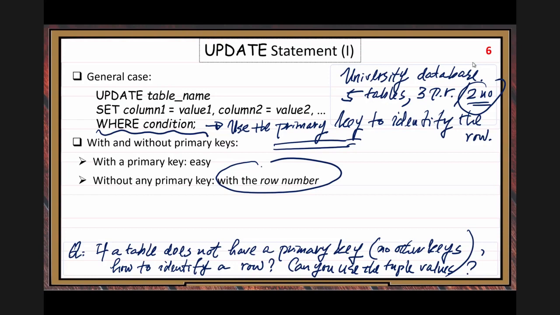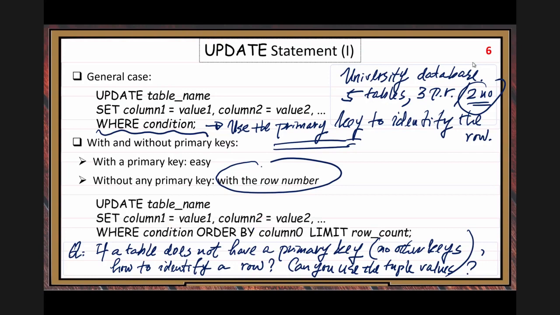Although many DBMS support row number functions. Here, in this example, row count number, you can control the rows by some row count number.